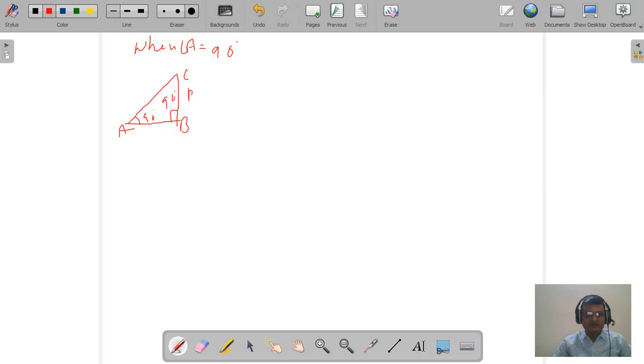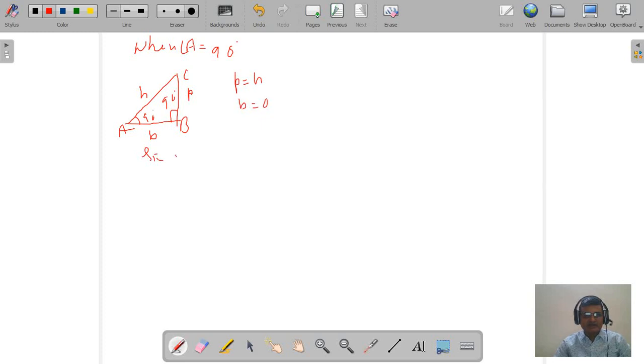This is perpendicular, this is base and this is hypotenuse. So if this angle is 90 degrees, in that case P will be equal to H and B will be equal to 0.